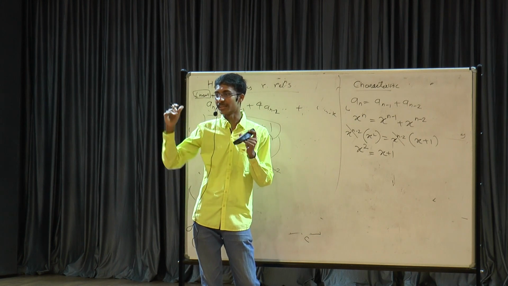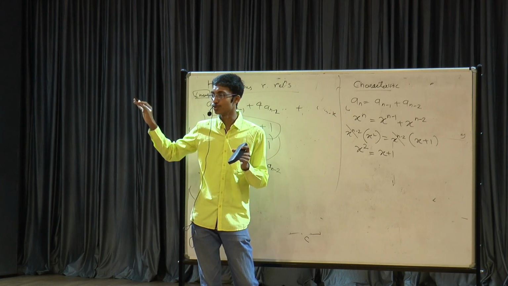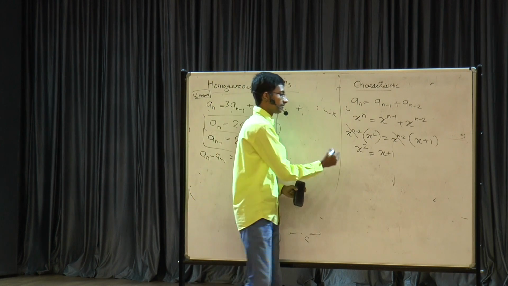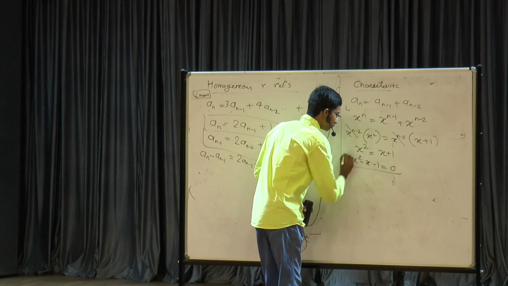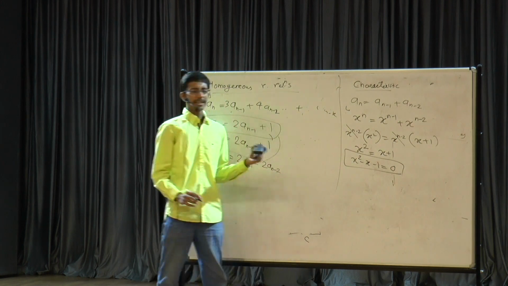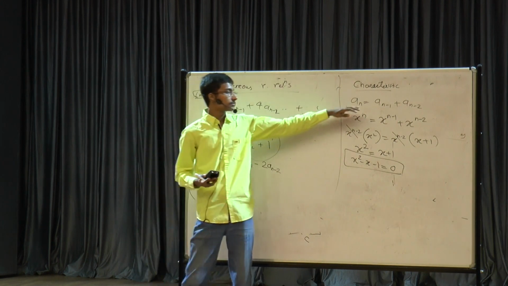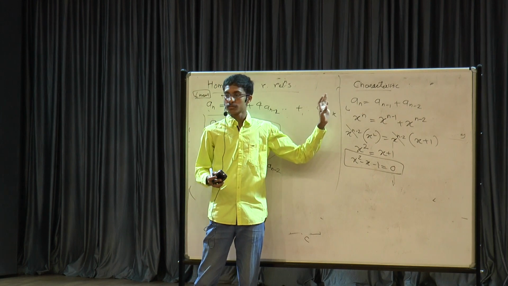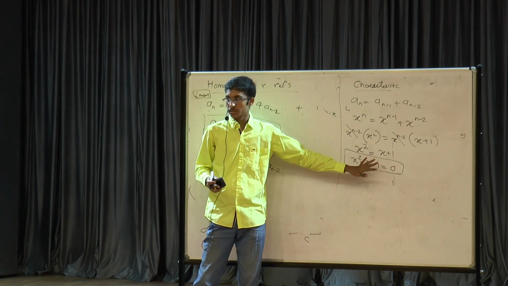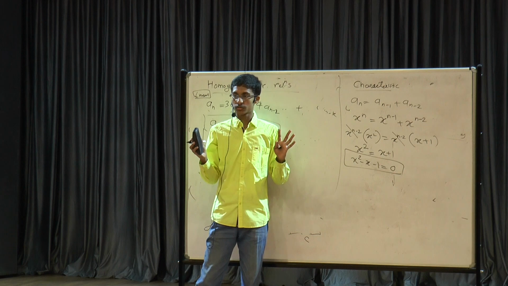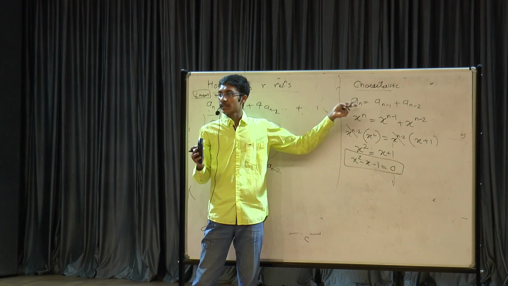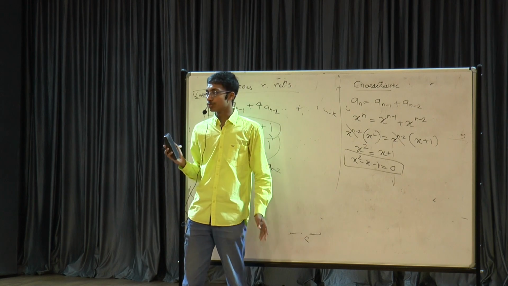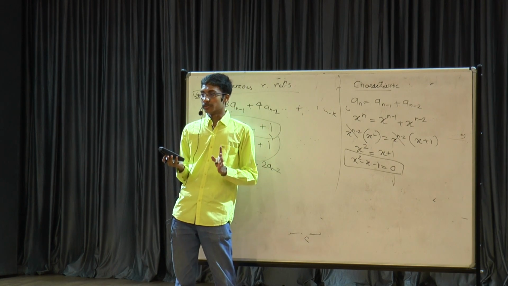You know some formula, right? Minus b plus minus root of something. So when you have a quadratic equation, we know how to find its roots. The idea is, when you have a linear recurrence relation, you make it into a polynomial. It has some roots. The general formula for a_n can be written in terms of those roots of the polynomial.